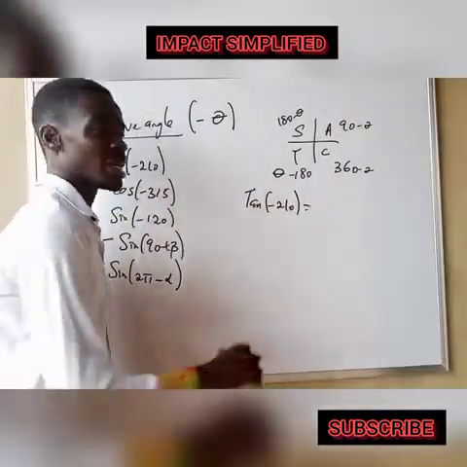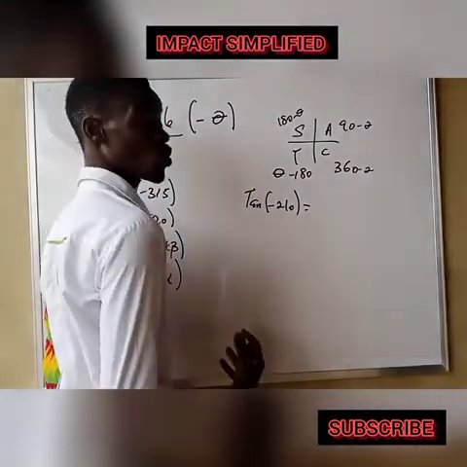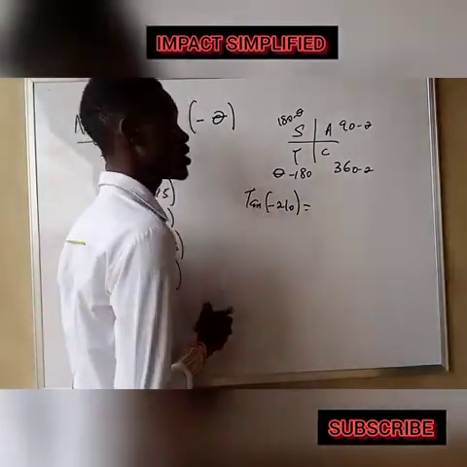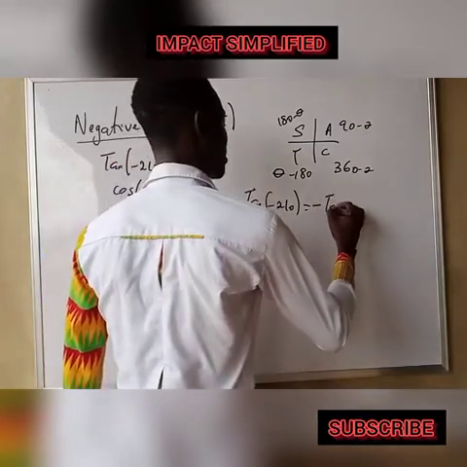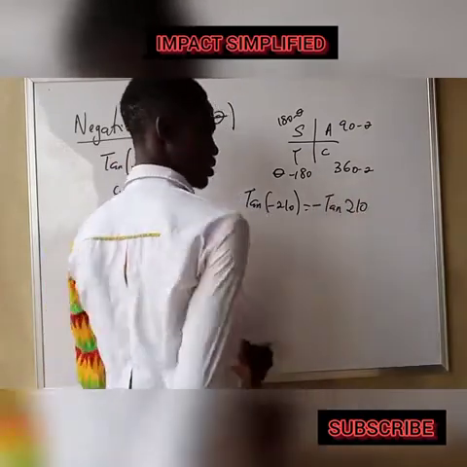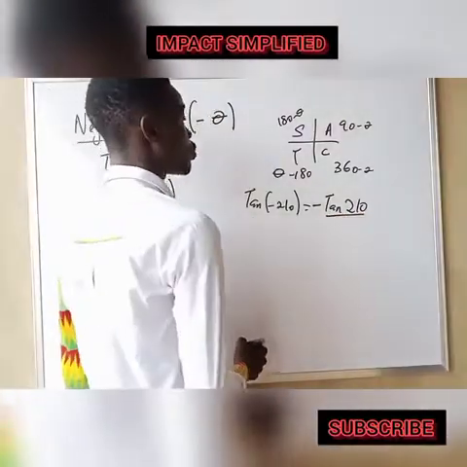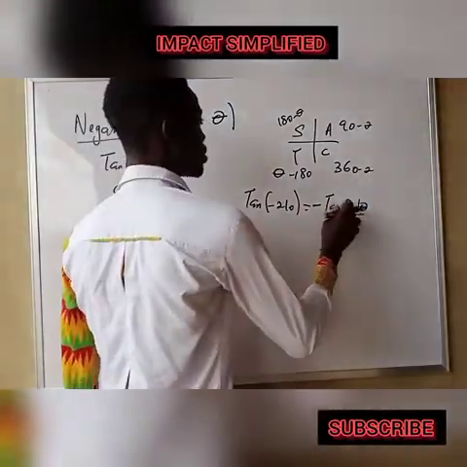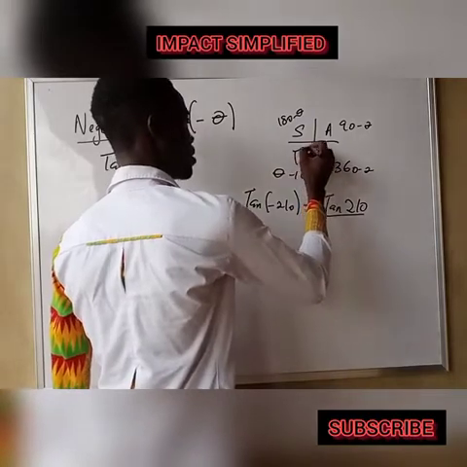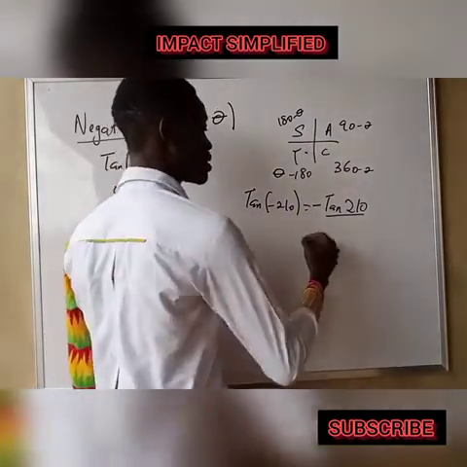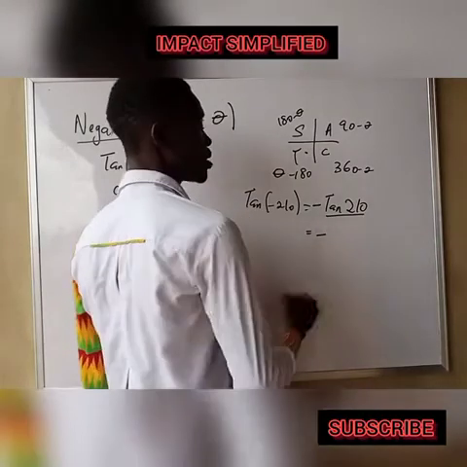Now, solving for tan minus 210. Forget about the fact that it will move clockwise. The first thing is, what is the effect of negative on tan? Minus tan 210. Are you getting that? And then you tackle 210. Where is 210? 210 is in the third quadrant. And what happens in the third quadrant? Your tan is positive. That means minus tan.